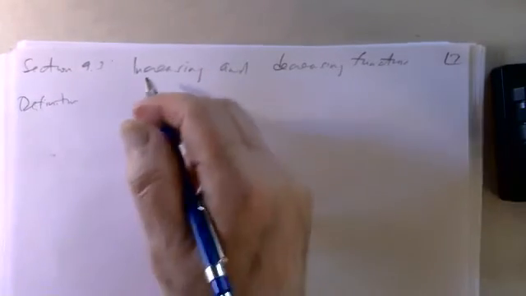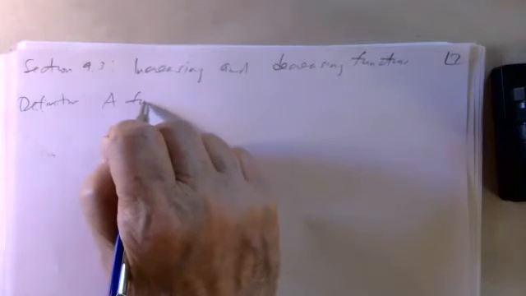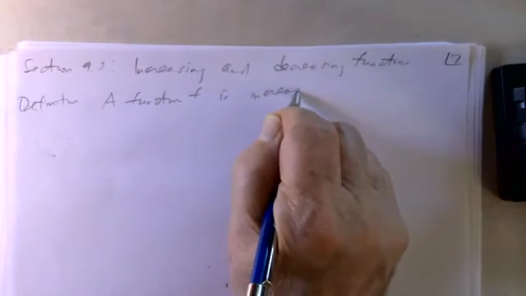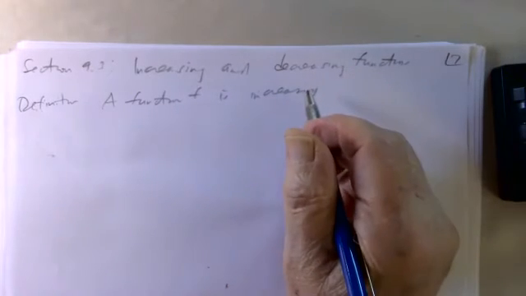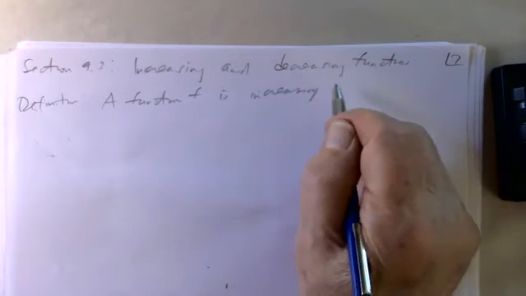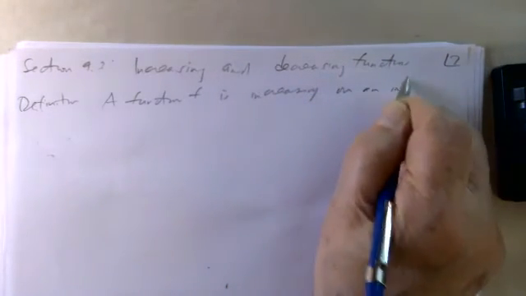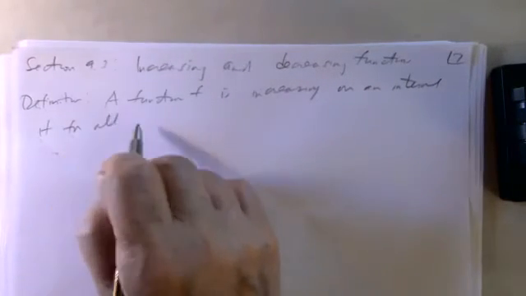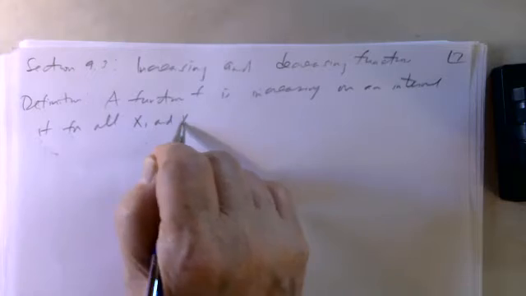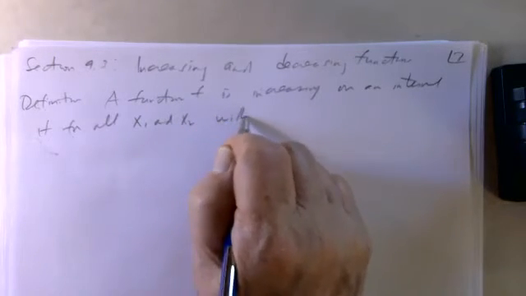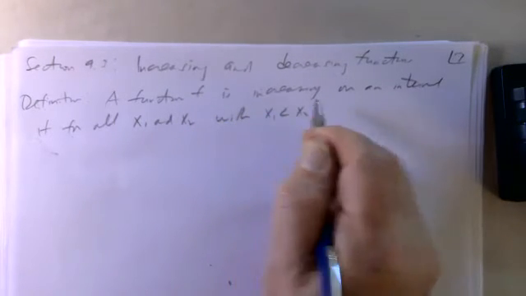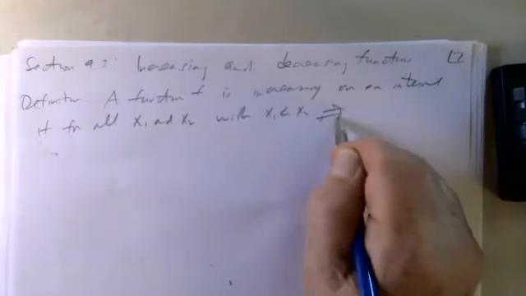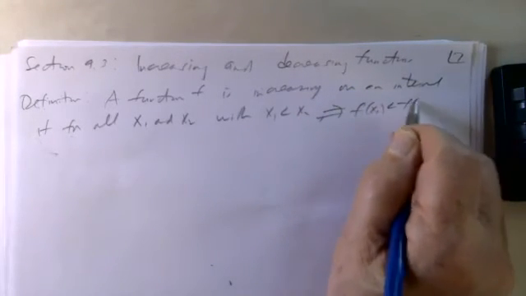increasing and decreasing. So we say that a function f is increasing on an interval if for all x1 and x2 in the interval, with x1 less than x2, f of x1 is less than f of x2.